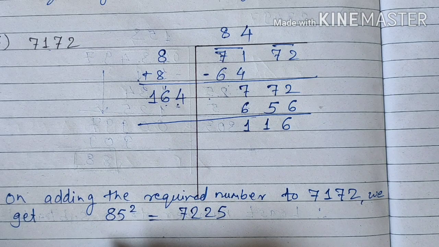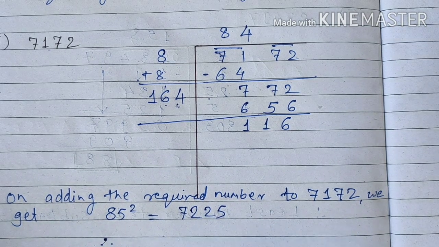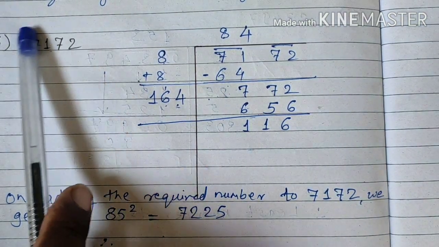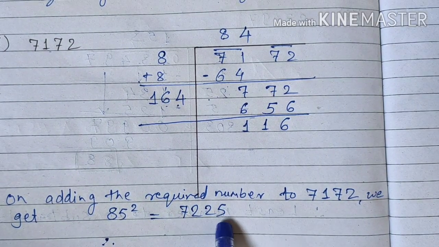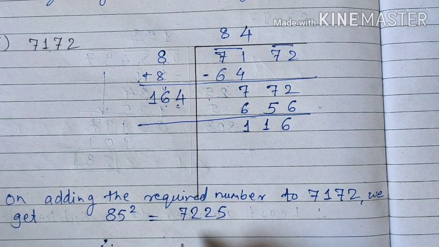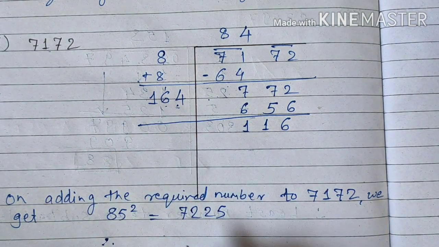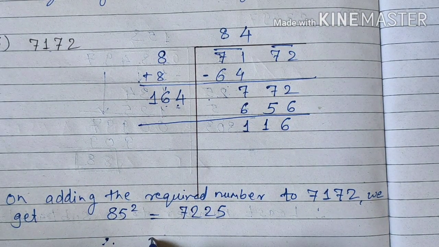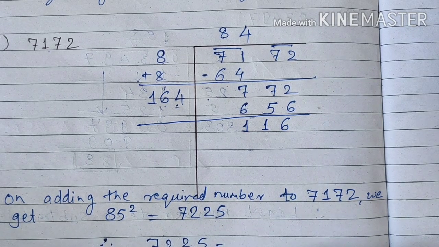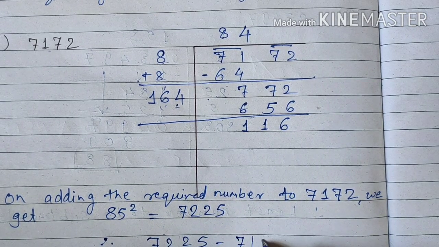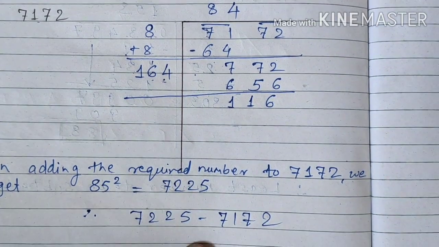So therefore 7172 is the given number and the perfect square is 7225. Let us subtract the given number from the perfect square of 85. 7225 minus 7172.